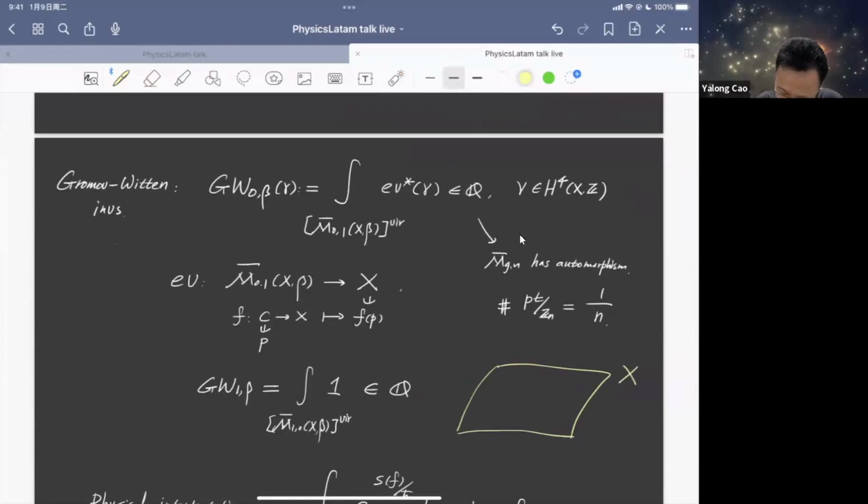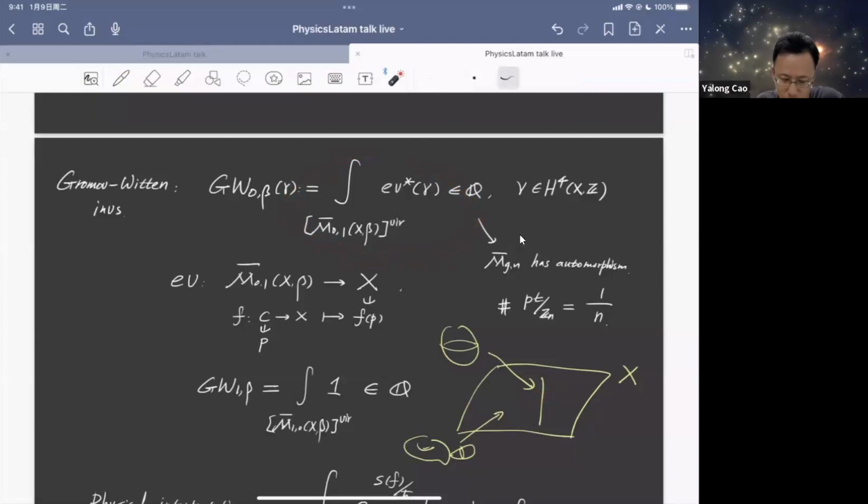So X is our Calabi-Yau fourfold, and we want to count some curves, through these maps from curve to our X. And in the genus 0 case, we just put some cycles in here, and this curve should meet the cycles. That's the meaning of these intersection numbers.